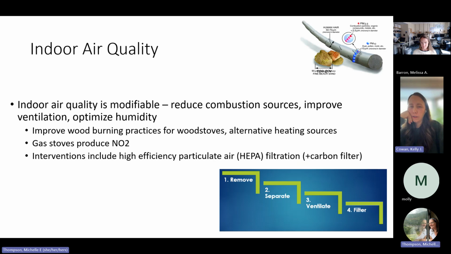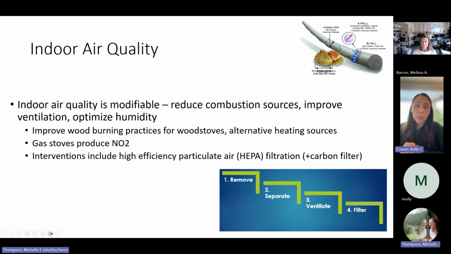So with indoor air, what's different than the outdoor air is you can typically do something about this. So reducing combustion sources, improving ventilation, and optimizing humidity. So this little diagram shows the steps in dealing with it. So best to remove it if you can remove the source of the problem.